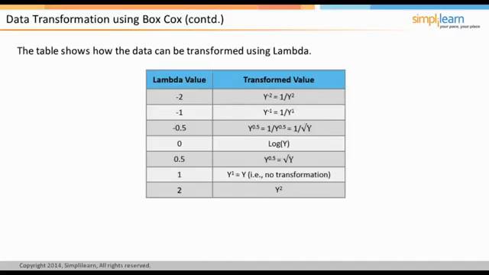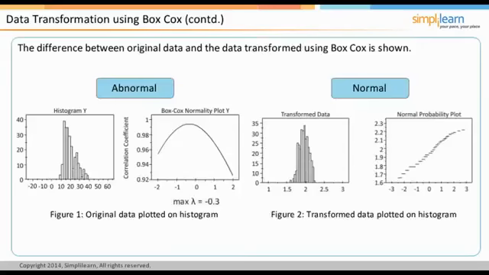Similarly, if the value of lambda is -1, after transformation it becomes y to the power of -1, which is 1 divided by y, and so on. Note that you will use a different formula when you have the value of lambda as 0, wherein you will take natural log of the value y. Similarly, transformed values are also shown on the screen. Click the Example button to know more.